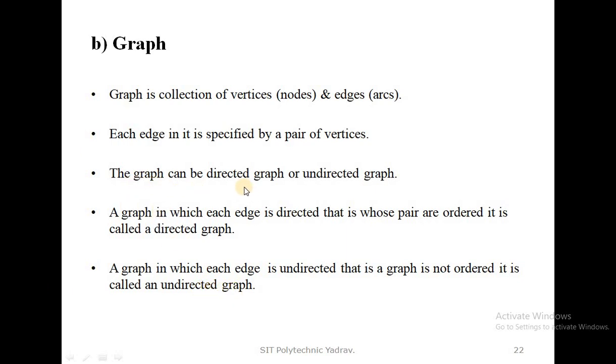In a graph there are two types, directed graph and undirected graph. Which is the directed graph? In it, edges are directed or ordered, that is known as a directed graph, and in the unordered one, edges are not in an order, not connected directly, that is known as an undirected graph.